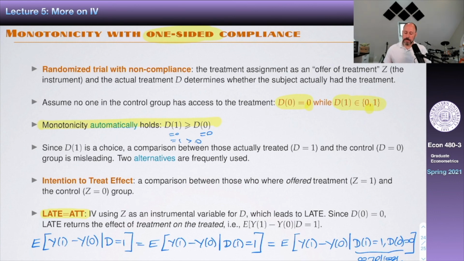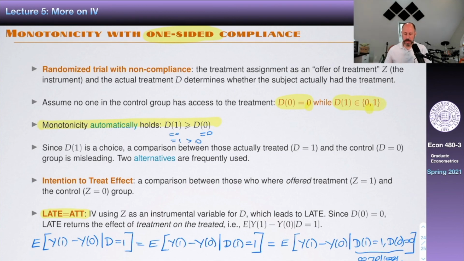One thing to conclude about this is that, depending on the settings, and I'm going to repeat this as we move along, some of these parameters may be the answer to the questions that you have. And in some other settings, some of these parameters are not answering the question that you want. That applies even to things like the average treatment effect.